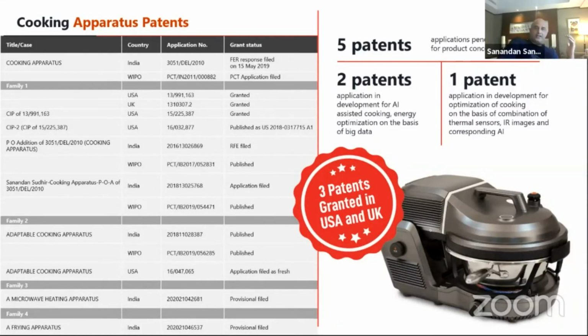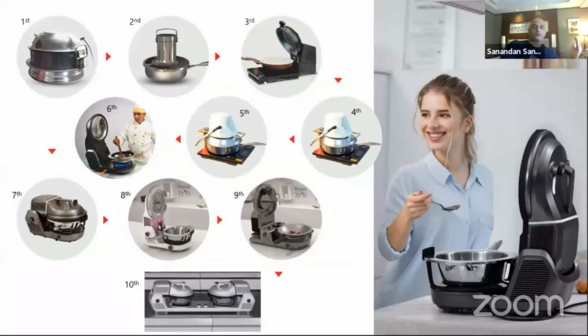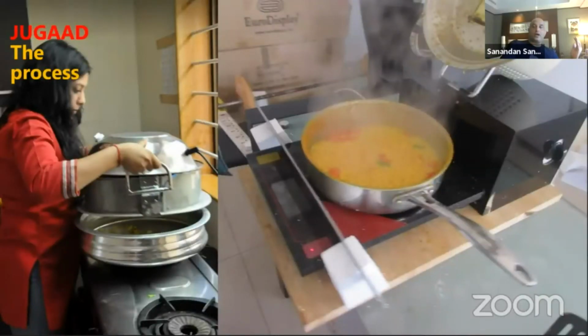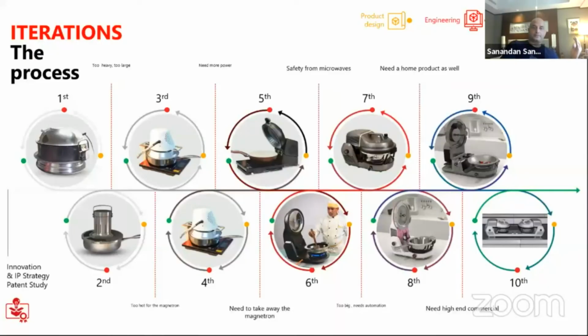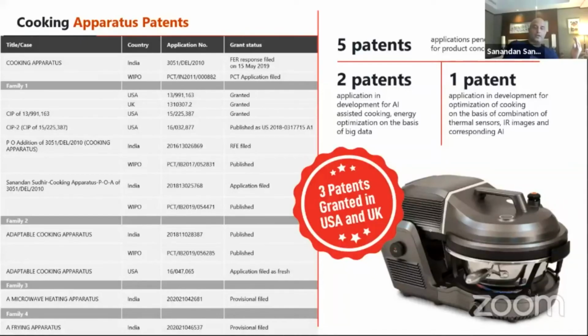Now, this whole journey, it also means that starting from this first idea, you have to start filing for patents. So if you see the top first patent, the cooking apparatus patent here, this was filed long back in 2010.